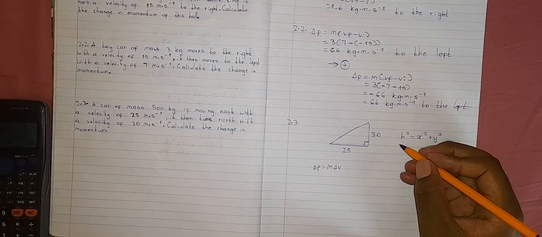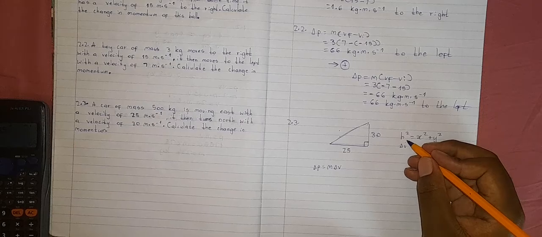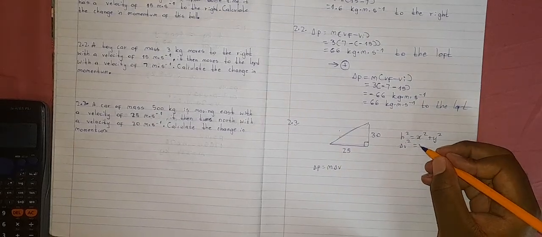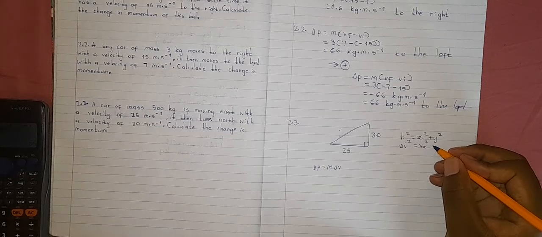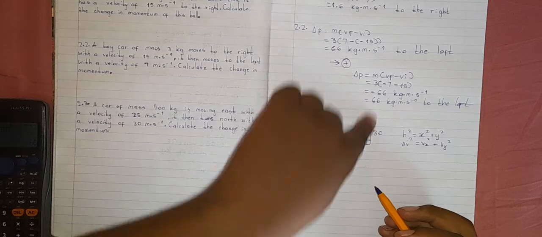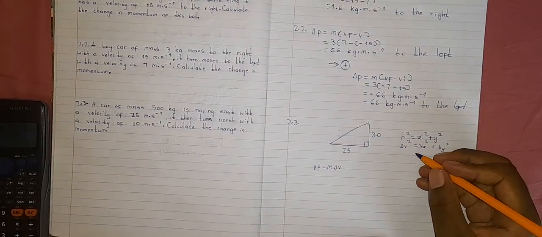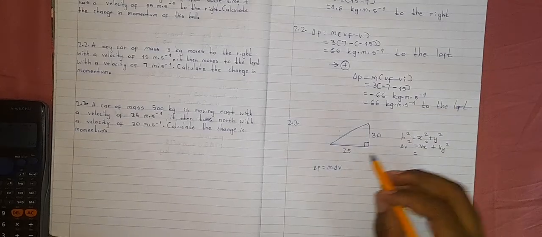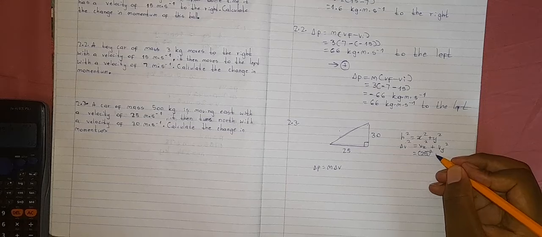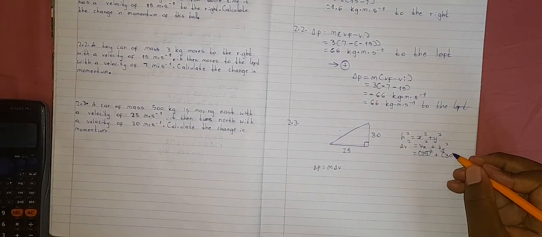I'm going to replace h with the change in velocity. The change in velocity squared equals the velocity in the x direction squared plus the velocity in the y direction squared. This is the y direction, this is the x direction. Substituting, the velocity in the x direction is 25, so it's 25 squared plus the velocity in the y direction, 30 squared.